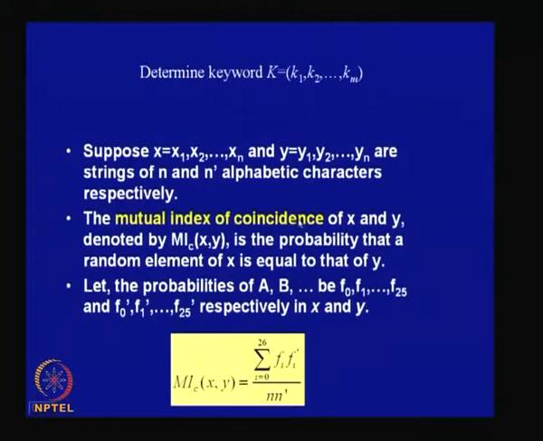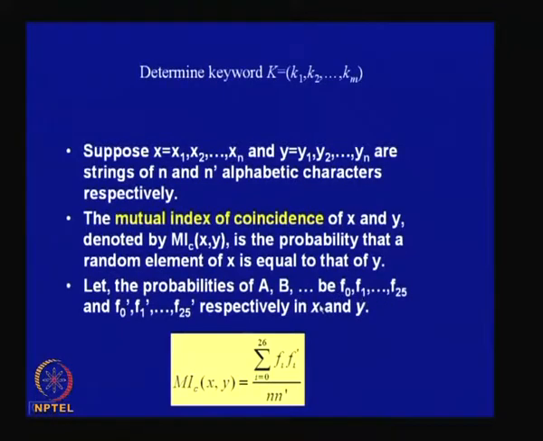Then the mutual index of coincidence of x and y is denoted MIC(x, y), and it is the probability that a random element of x is equal to a random element of y. The calculation is exactly the same as that of the index of coincidence. If your probabilities of occurrences in case of A, B and so on, so it's actually not the probabilities but the frequencies.